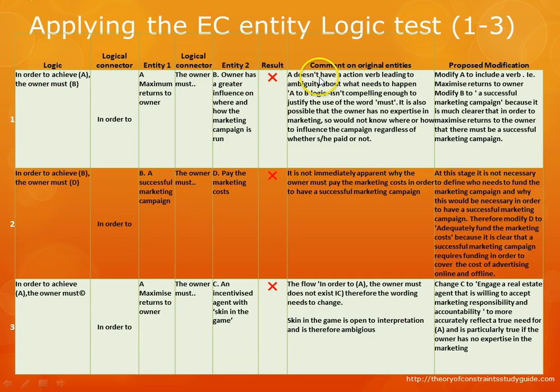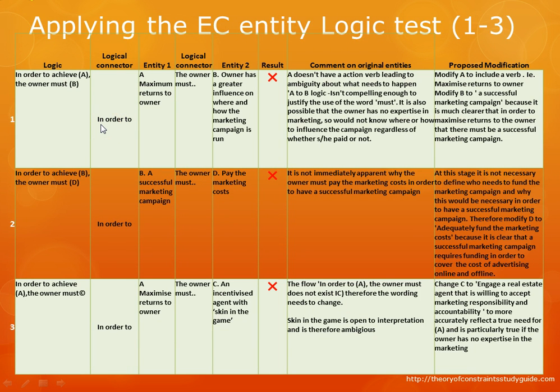If it fails, I've described the reasoning and what I propose to be an appropriate modification. Taking the first one, as I said earlier, we need to read these out loud to help check both the wording and the logic.